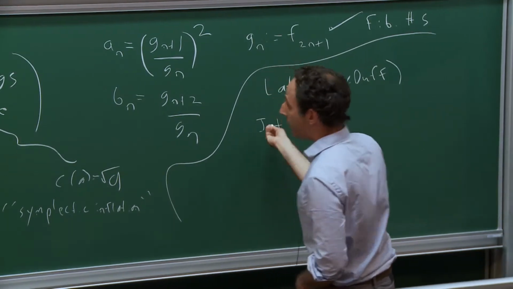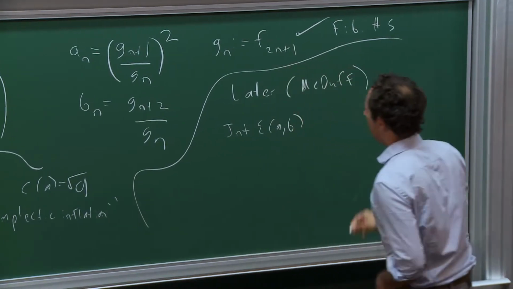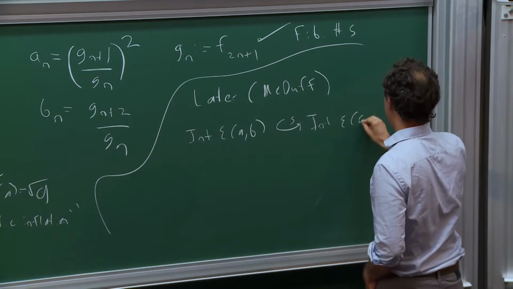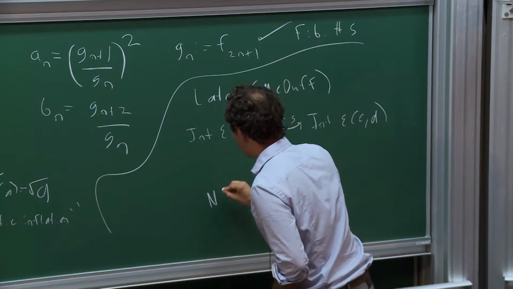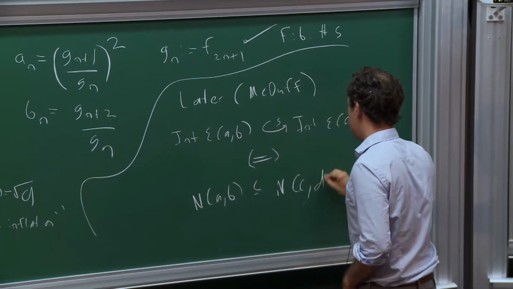Dusa showed, now going to open ellipsoids to get the cleanest statement, that there is a symplectic embedding of one open ellipsoid into another if and only if the sequence N(a,b) is less than or equal to the sequence N(c,d).